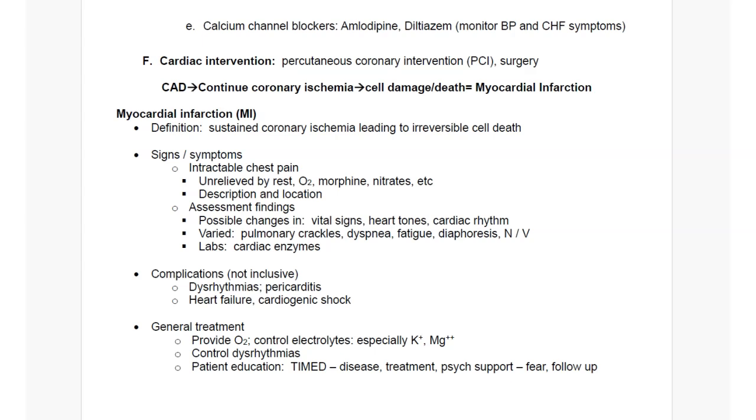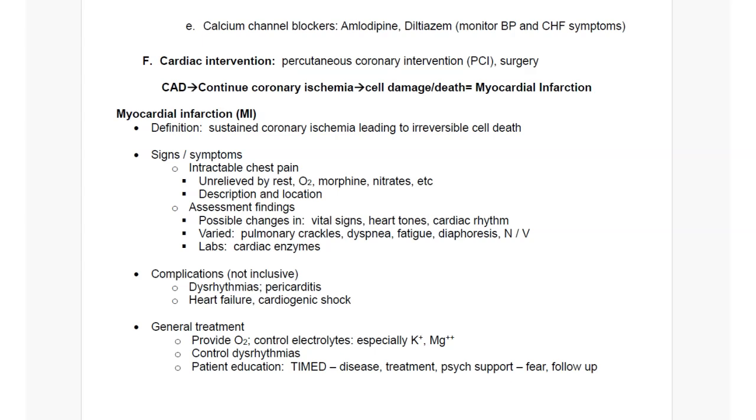Meaning it's not relieved by your typical medications or treatments or even resting. So intractable chest pain is unrelieved by rest, oxygen, morphine, nitrates, etc. So let's say we gave our MONA to the patient, it still continues and it's not being effective. We need to start thinking, is the patient having an MI or a heart attack?